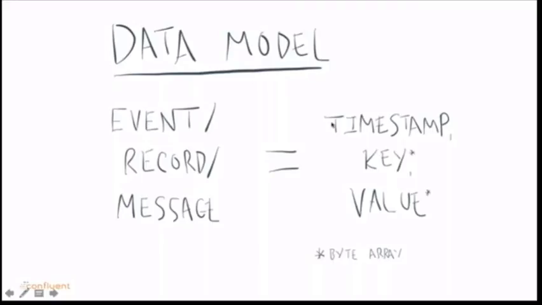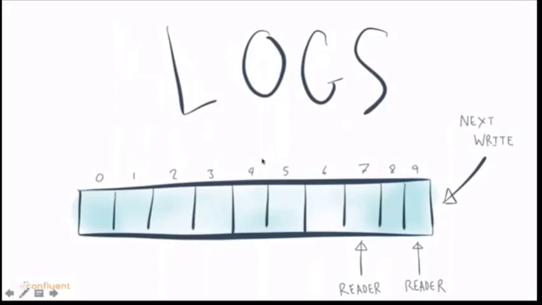And the core abstraction in Kafka that is used to represent streams, like I've talked about streams in a very loose way, but what does it mean when you represent it in a data system? The core abstraction in Kafka is this idea of a log. And by log, I don't mean like an Apache log here. I mean something more similar to a commit log, like a structured log, which is a sequence of those records.